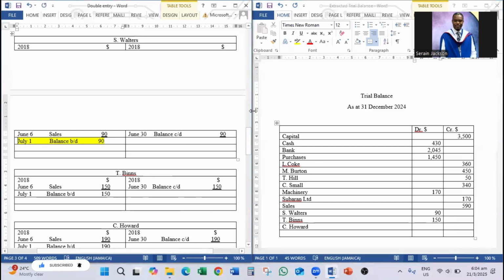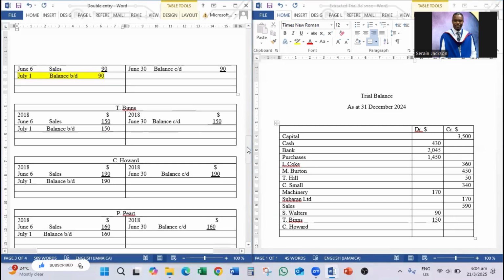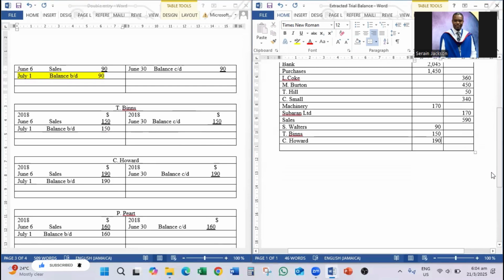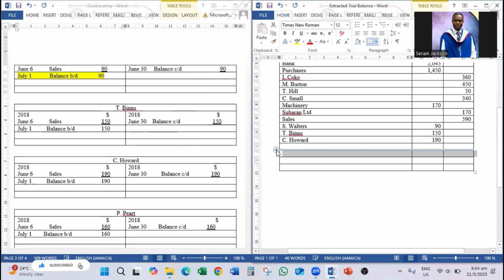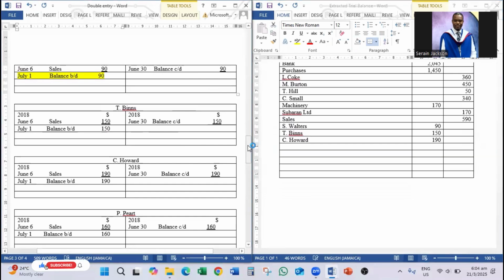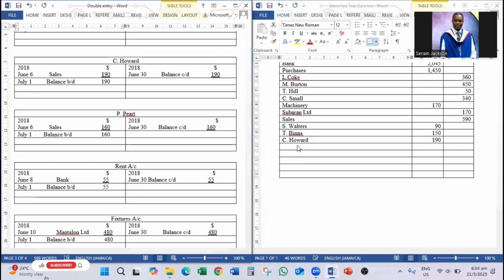what is the balance brought down for C. Howard now? C. Howard is 190, right? P. Peart is 160.